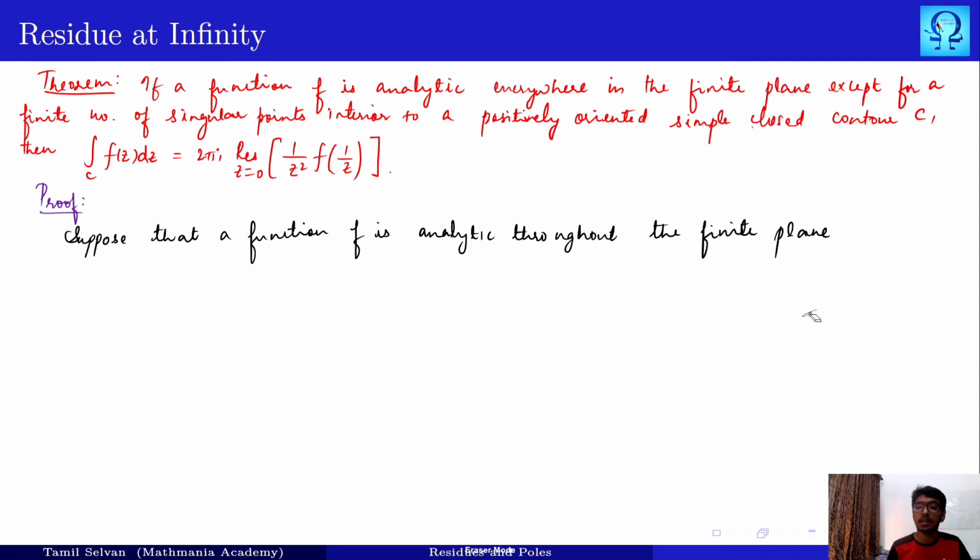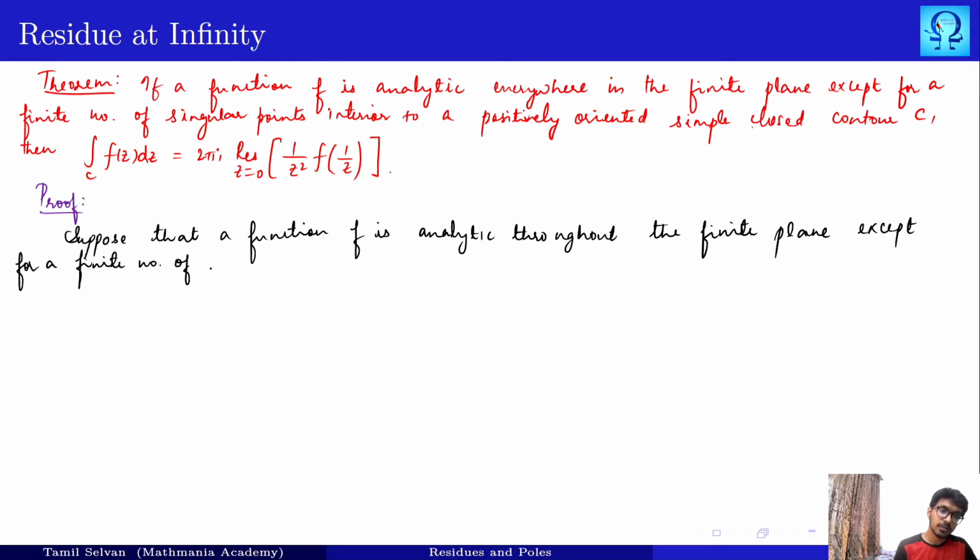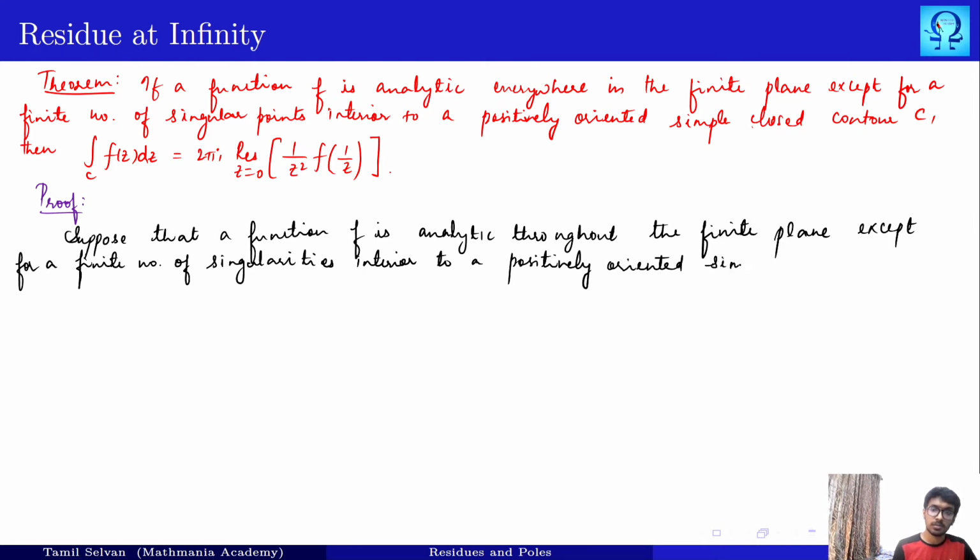Usually the complex plane can also be called the finite plane. So it is analytic throughout the complex plane except for a finite number of singularities interior to a positively oriented simple closed contour C.